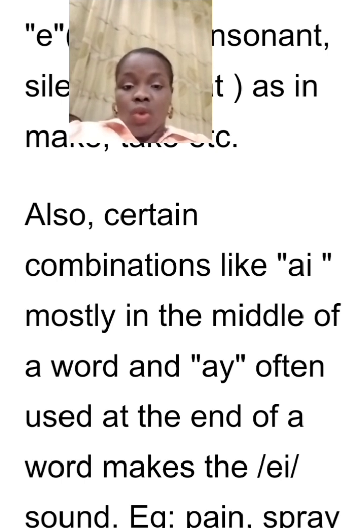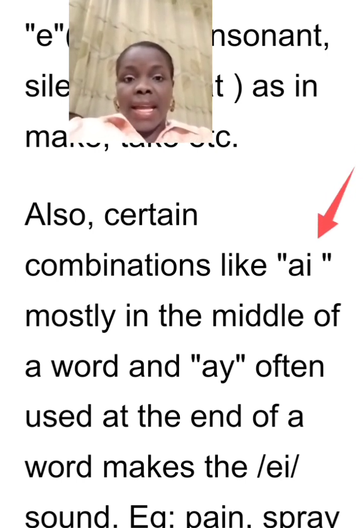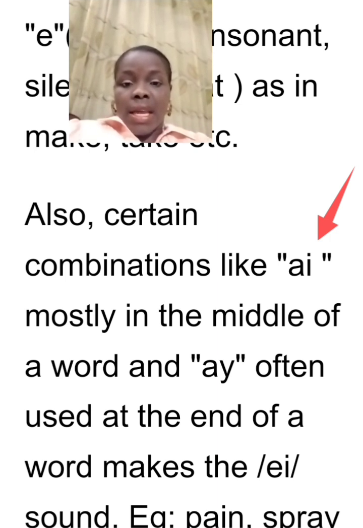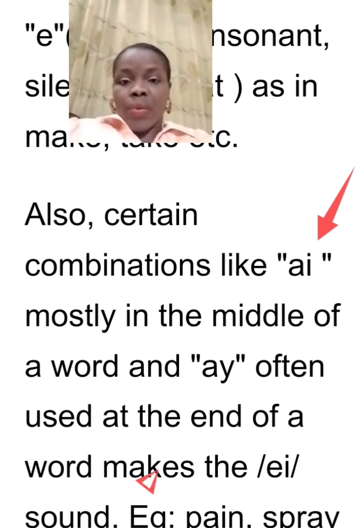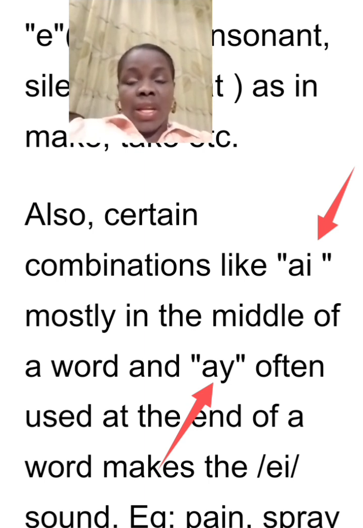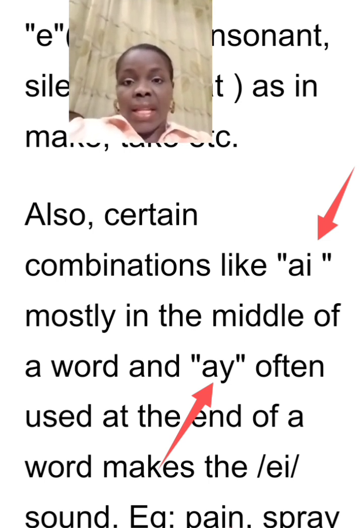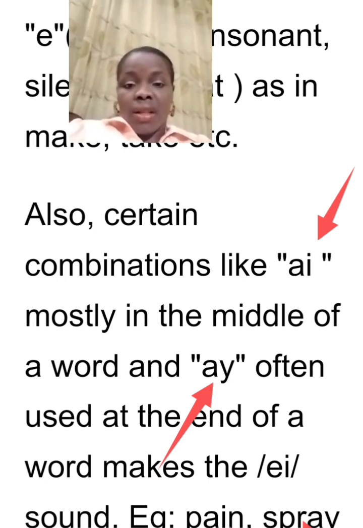And the next one is the combination of A I and A Y. Whenever you see A I and A Y in a word, they take the A sound. Okay? They take the A sound. As you have in pain, spray, and so on, rain, and so on.